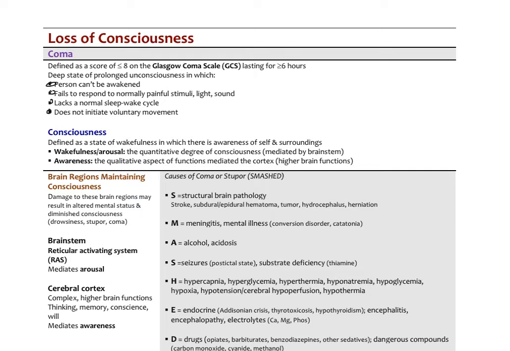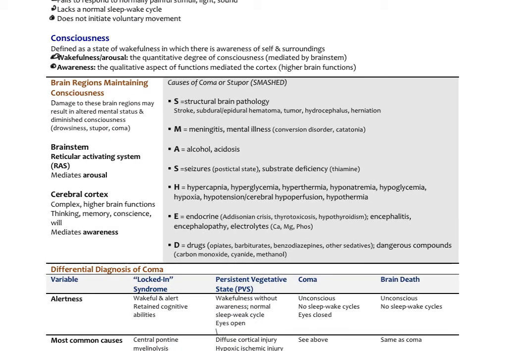So we can look at consciousness as having 2 aspects: a brainstem aspect, which mediates wakefulness and arousal, and a higher cognitive aspect, which mediates awareness. Again, if we look at the areas in the brain, it's the reticular activating system which is mediating this arousal, and then again the cortex with awareness. And depending on what part of the cortex is injured, different parts of awareness are going to be compromised.